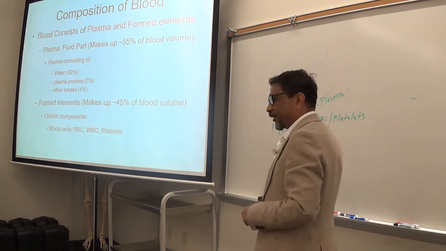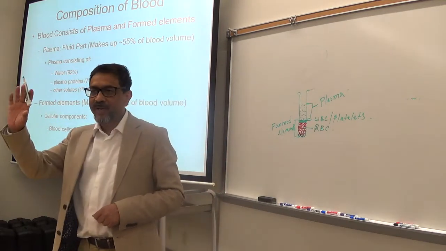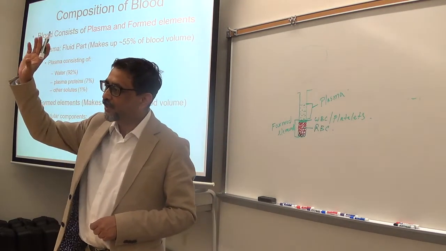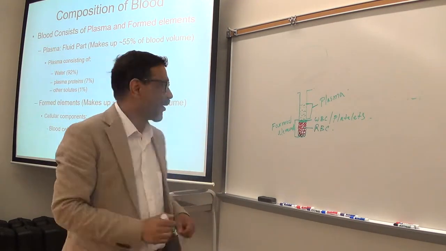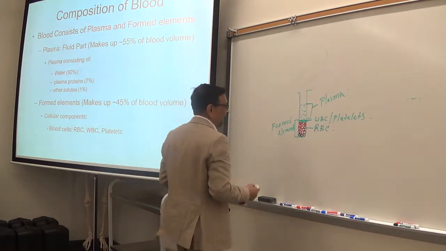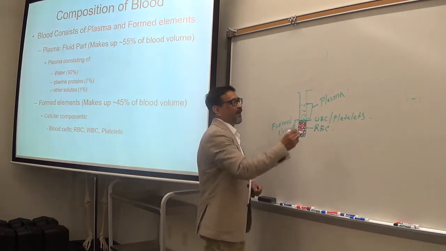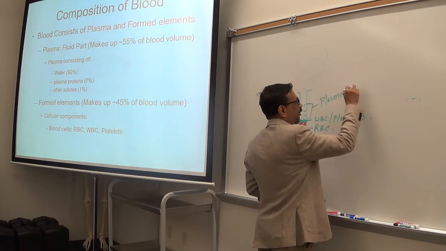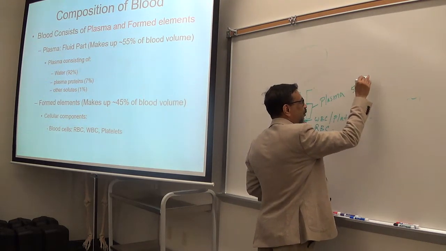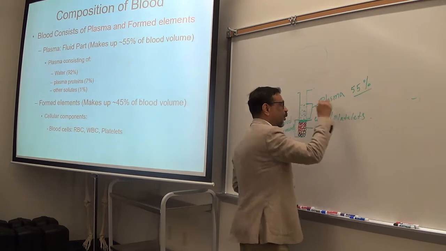And the bottom part is the formed elements and top part is what? The plasma. Make sense? And in normal blood, these are two components, and plasma is about 55% of total volume.